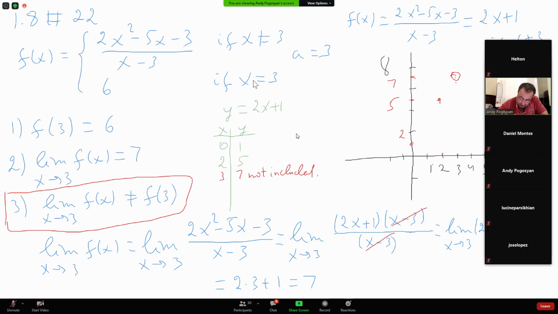So the line goes up to here, continues, and at 3 we have 6. This is the point. So the 6 is removed.